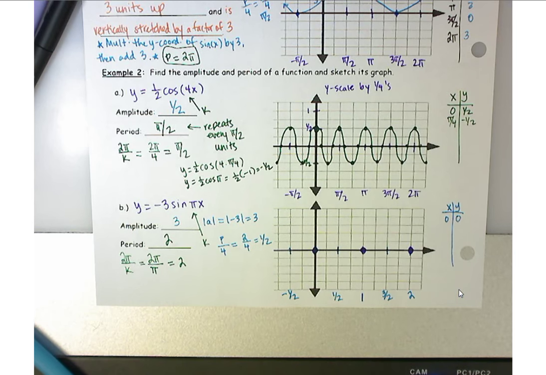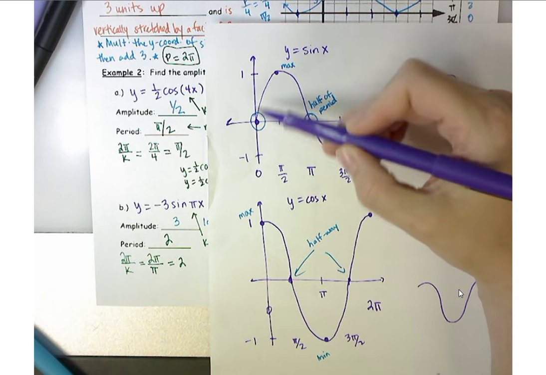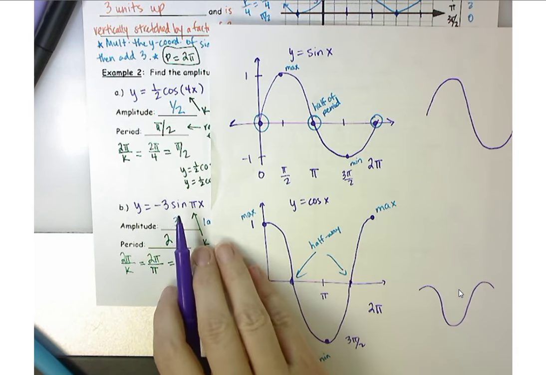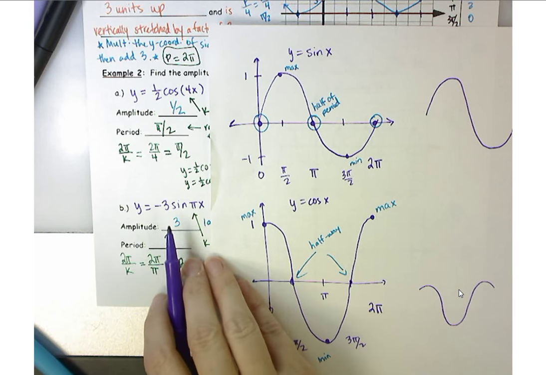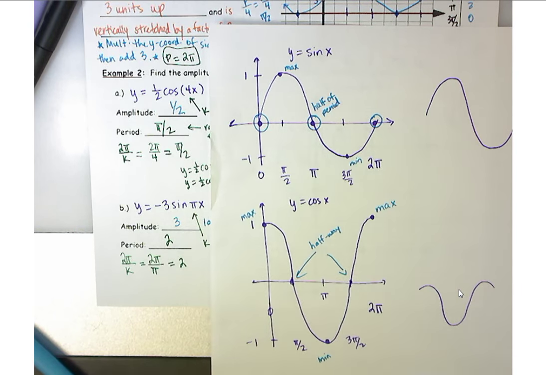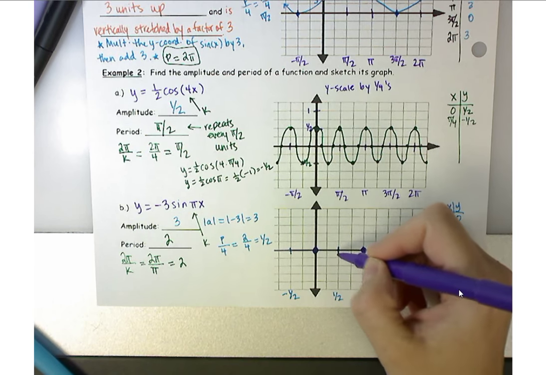Now remember I said earlier, if there's no reflection, it goes up first and then down. How do I know this one has a reflection? There's a negative in front. So instead of going up first and then down, what happens? It goes down first and then up. So it reaches its min and then it reaches its max. Okay, so I know that's going to happen at 1/2.